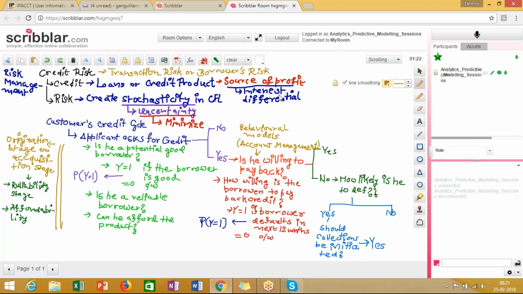Yes, I'll give you the example. Talking about transaction risk: transaction risk happens when you are doing a credit transaction, and you know that there is a risk involved in that transaction.